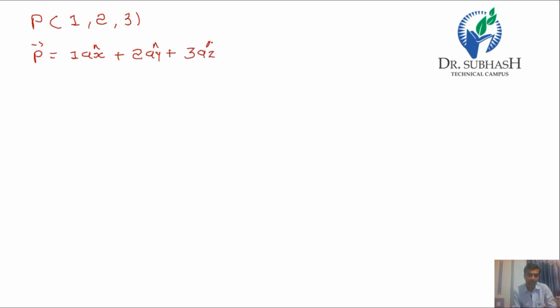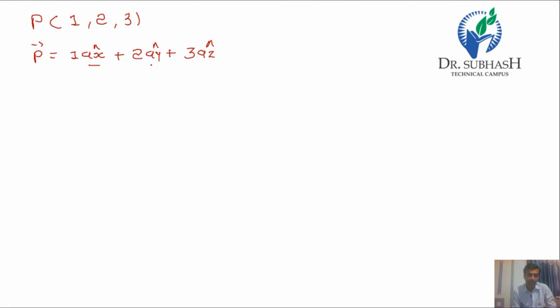Okay, representation of a vector in a Cartesian coordinate system. Suppose we have one point P which is (1, 2, 3), and we require to represent this point in a Cartesian coordinate system. In general form, point P can be represented as 1 in the x direction, 2 in the y direction plus 3 in the z direction.